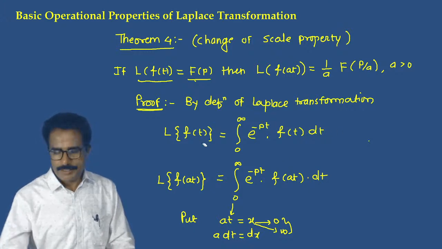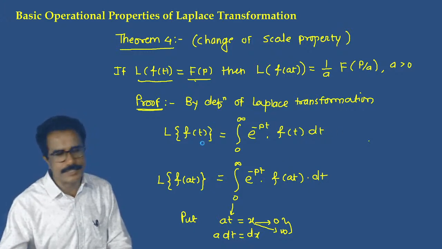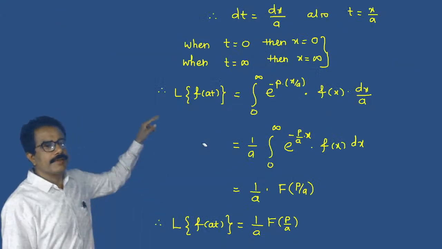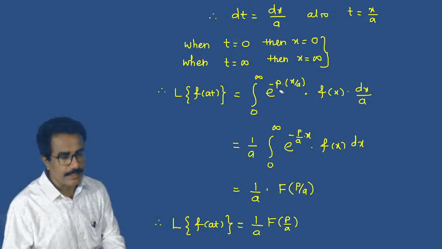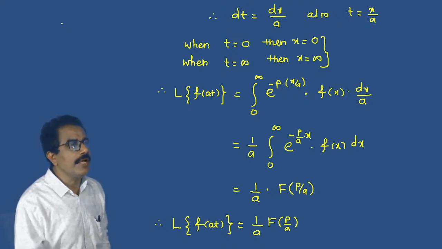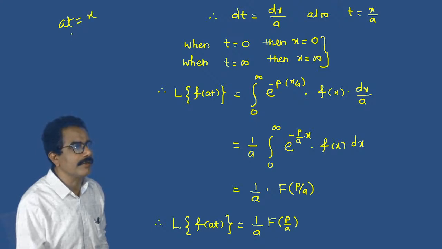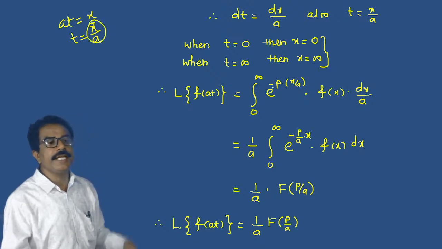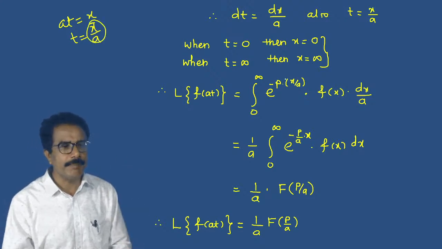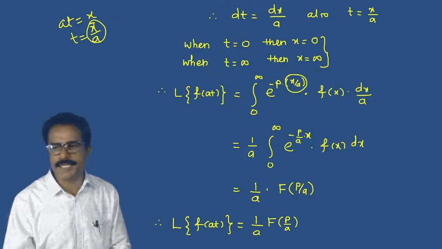Now we shall move towards the next problem. Integral from 0 to infinity e raised to minus pt f of at dt. Again we have replaced at equals x, then the value we can find, t equals x by a. So in e raised to minus pt, in place of t we can write x by a.